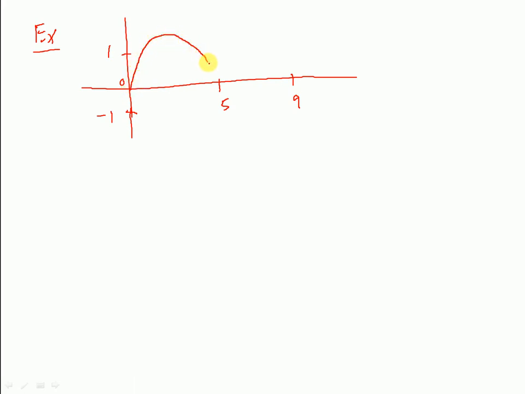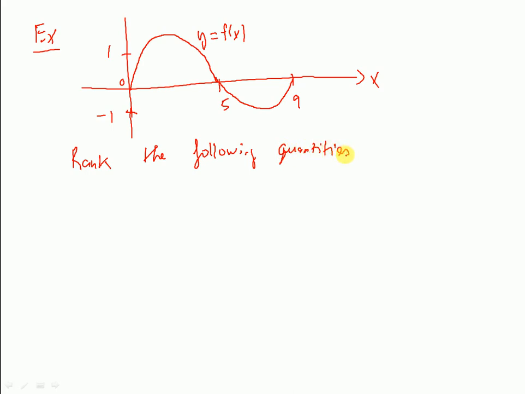This is the curve, go to 5 and then you go up to 9, and this is y equals f of x. This is x. So you want to rank the following quantities from least to greatest, or smallest to the biggest value.